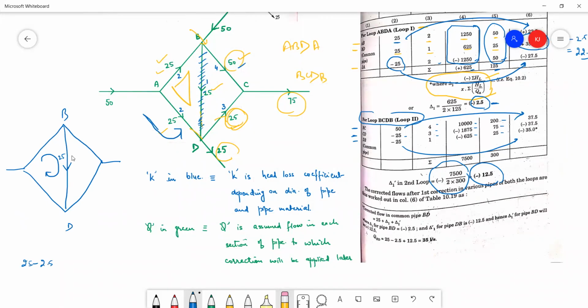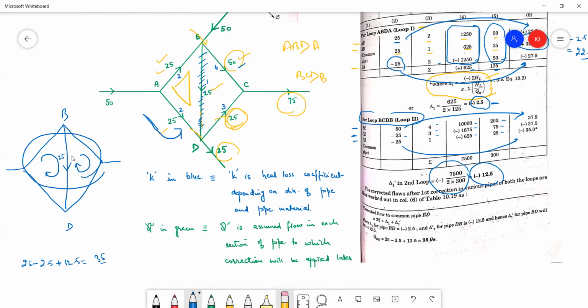Okay, and here when we are looking in the second loop, this is in the negative direction where the correction is minus 12.5. Now this correction being minus 12.5, when both the loops are combined in this form, then we get that 25 minus 2.5, and the correction factor for the other loop will change. That minus 12.5 will become plus 12.5, and we will have the final as 35.